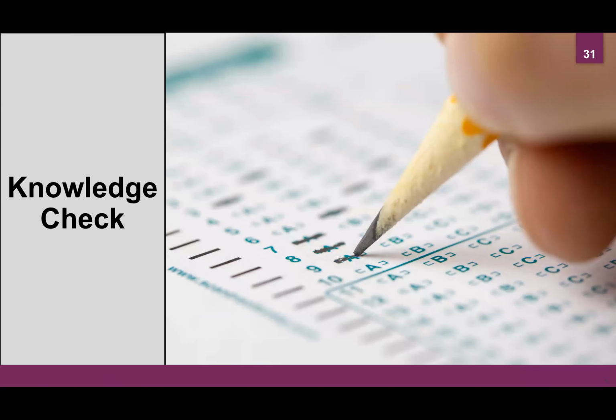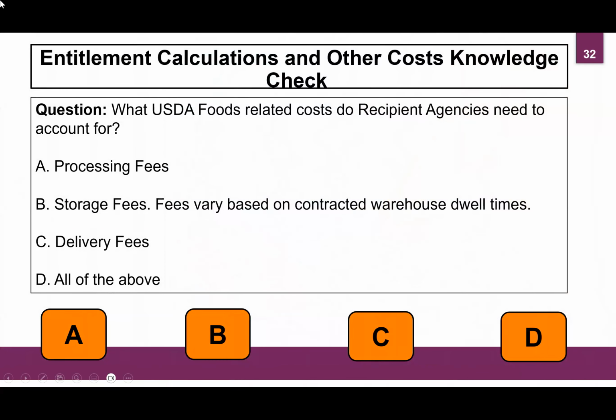All right, so now we have a knowledge check. The question is, what USDA foods related costs do recipient agencies need to account for? Is it A, processing fees, B, storage fees, fees vary based on contracted dwell times, C, delivery fees, or D, all of the above? Which one do you all think?